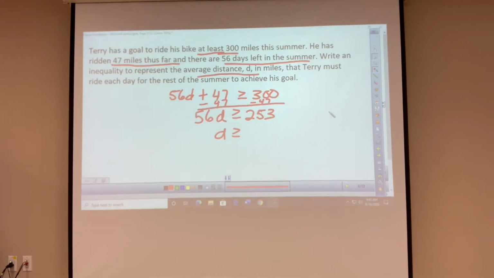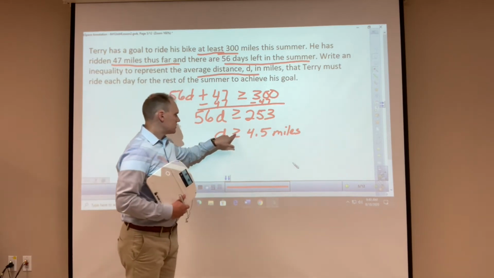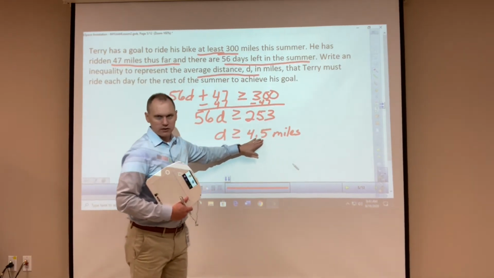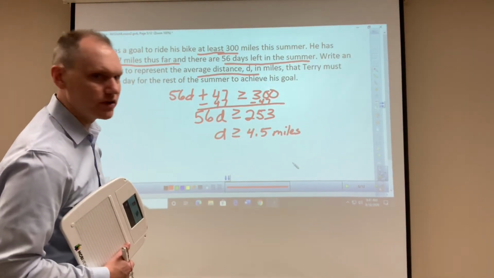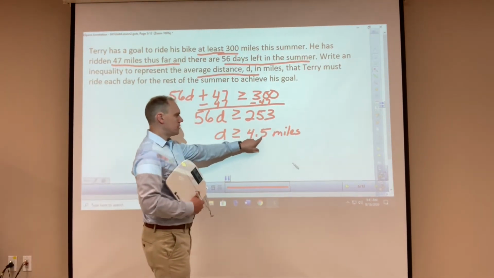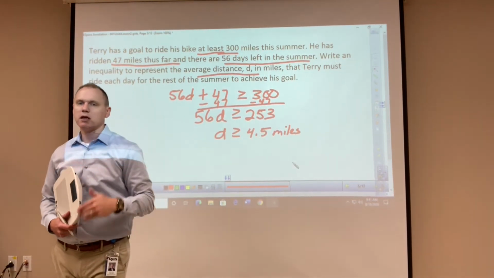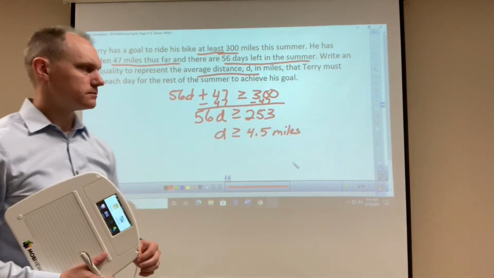We'll just round to 4.5. That's going to be miles on average per day. So as long as he averages at least 4.5, he could average 4.6, 4.7, and that would be fine. As long as it is either equal to that amount or greater than that amount, he will reach his goal for the summer.